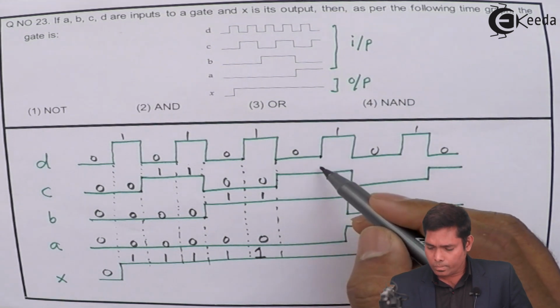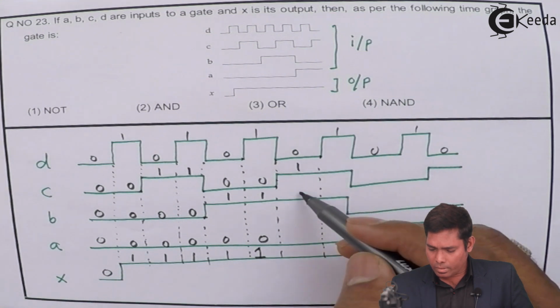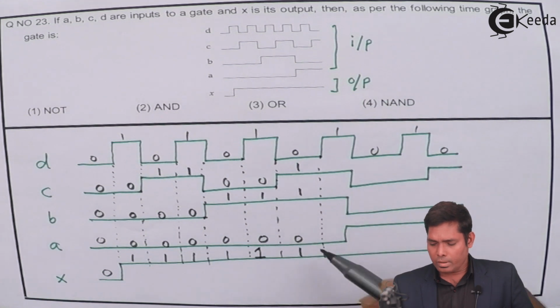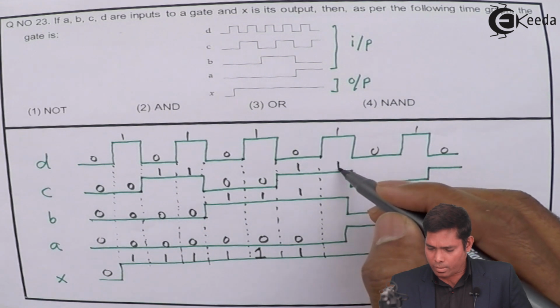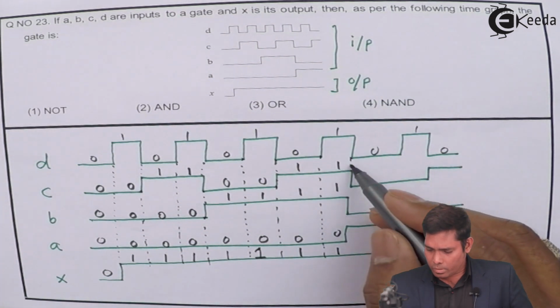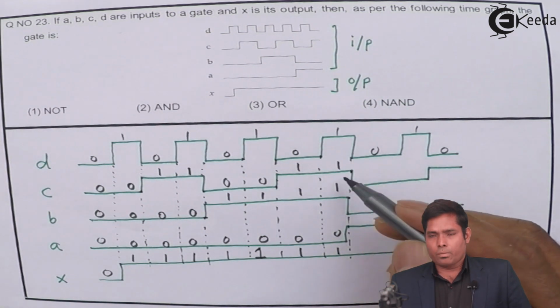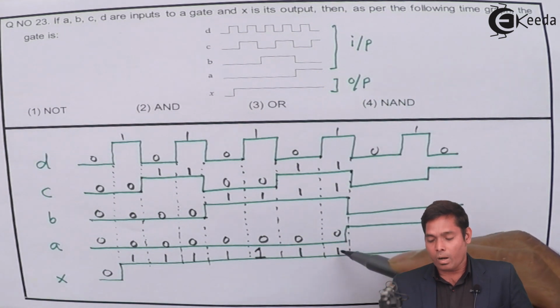Here 3 inputs are 1 and 1 input is 0, but the answer is 1.